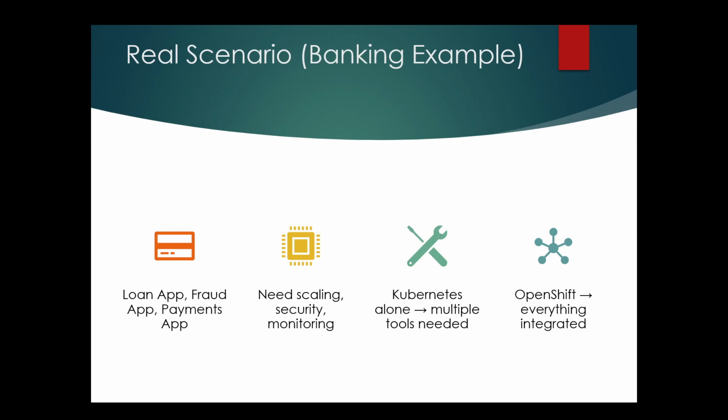These are three very important items which any financial institution, or any company for that matter, requires. For that, Kubernetes alone will need multiple tools for this integration, as I told you before. OpenShift comes with everything integrated, so you don't have to spend time on integration as you would on Kubernetes.